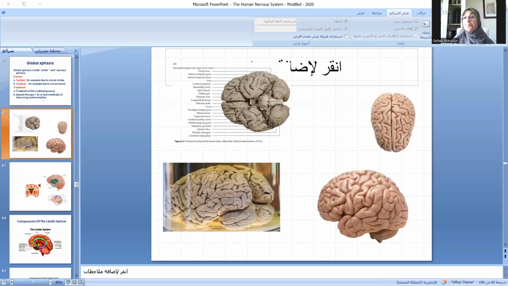It is deeper, and it contains important centers. For example, it contains part of the taste or gustatory center. It's written on the slides, gustatory. The gustatory center is partly here in the insula and partly in the lower gyrus of the frontal lobe.